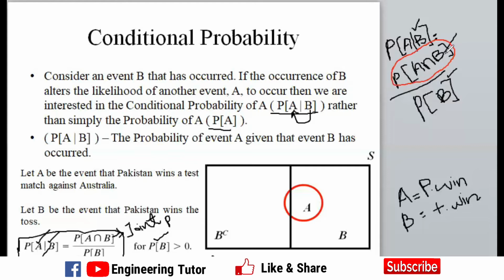Similarly, if the match is in Pakistan, what is the chance of winning the toss and then winning the match as well? So you can find it from all the previous data. That's why in these typical questions, the previous data matters a lot.